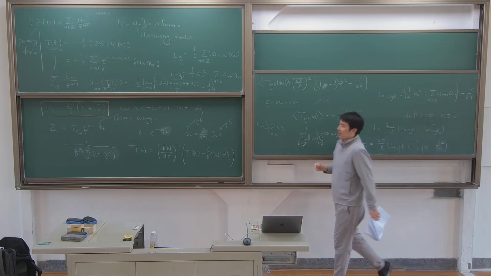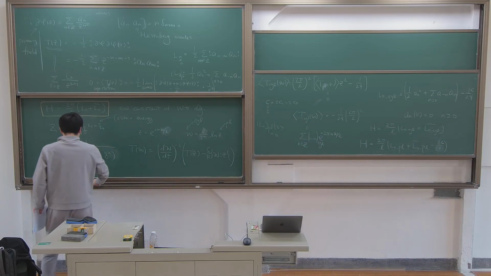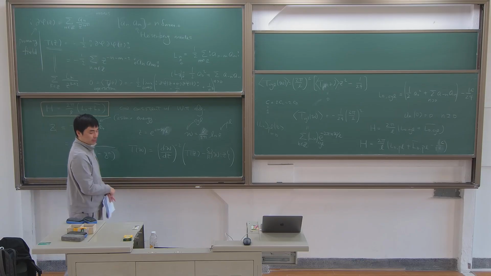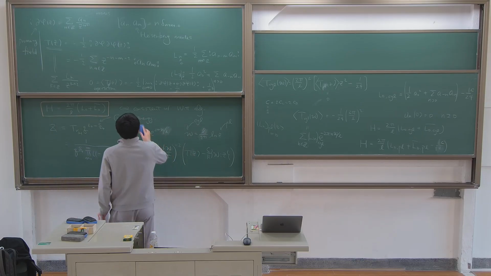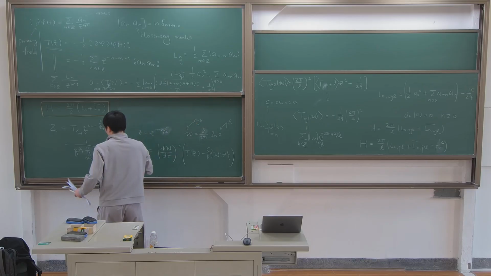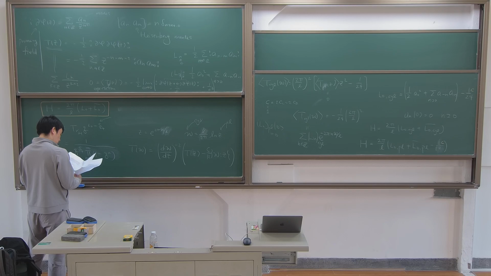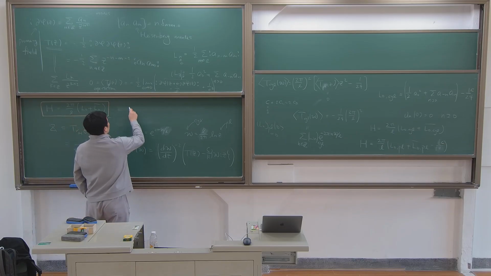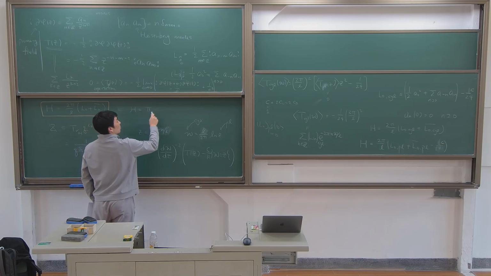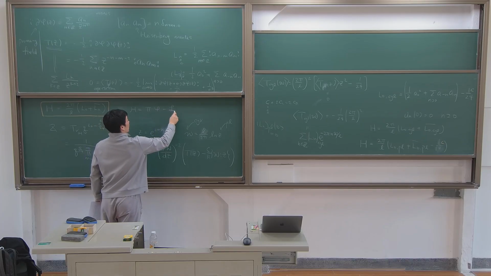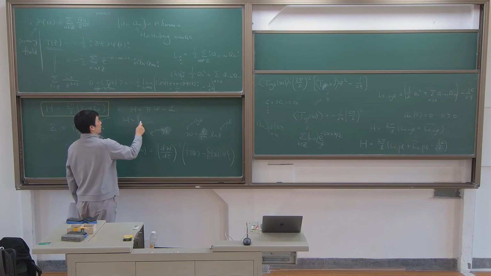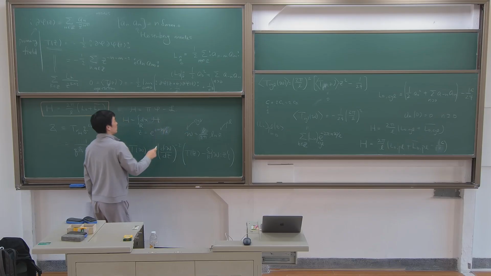The question is, this one is in fact obtained by the usual way of doing canonical quantization. The Hamiltonian density is given by pi times phi dot minus the Lagrangian density, and the Hamiltonian is defined by integrating the Hamiltonian density over the spatial slice. So that's how you define it.